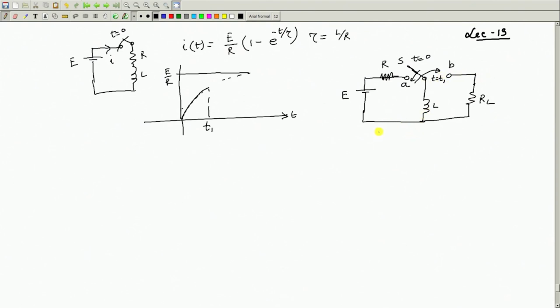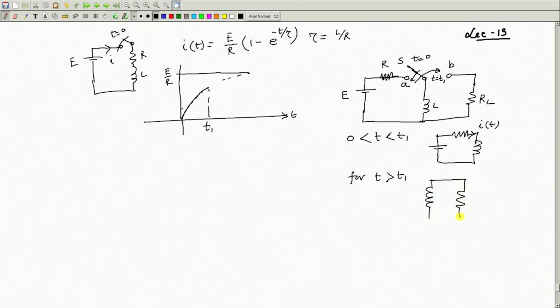Then, when time is between 0 and t 1, the circuit was like this. This was my i(t), growing in this way up to t 1. For t greater than t 1, the circuit will look like this. This is R L, this is L, and R L is the load resistance.